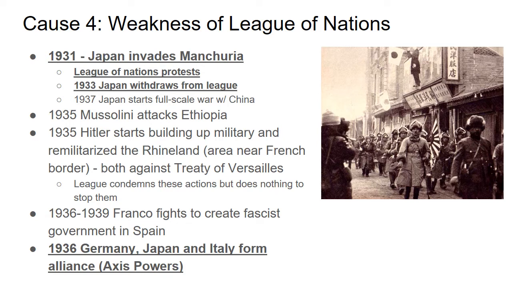Hitler ignores this. He starts commissioning factories to build weapons and tanks and airplanes and all sorts of instruments of war. He starts employing men in the military. He starts moving people towards the French border.